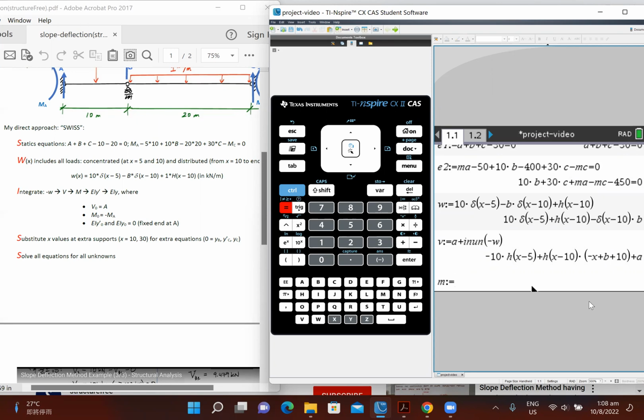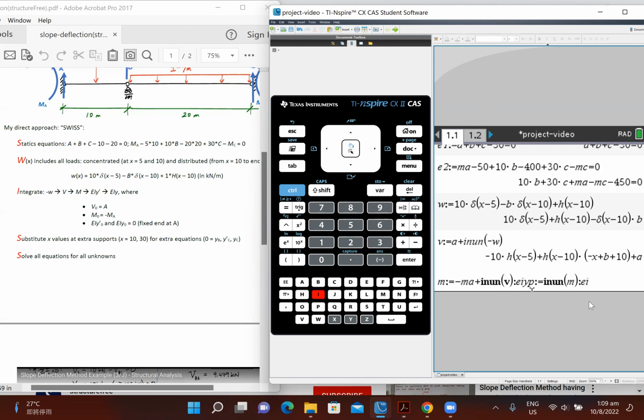M is going to be its initial term, which is minus MA, plus the integration of V, and I use the colon sign to get an extra line of input in one line. Next, what I'm going to do is integrate this M and get my EI times Y prime, which I'll call EIYP. So that is just the integration of M. And then I'm going to finish my integration by doing one more.